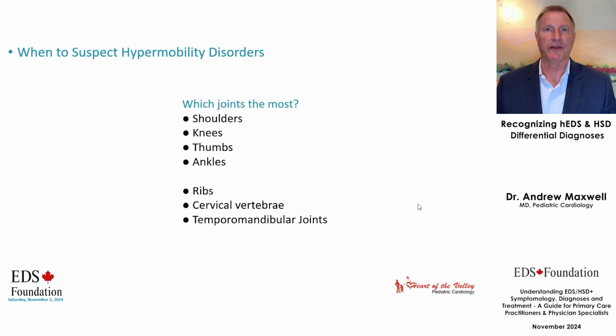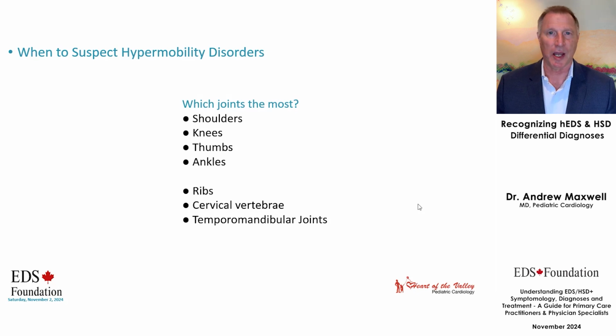Really, all of them are affected throughout the body. If you were to talk to physical therapists and those sports physicians dealing with patients with hypermobility, they would say shoulders, knees, thumbs, and ankles are the biggest ones. In my practice, I see a lot of rib dislocations, and that's probably because I'm a pediatric cardiologist.